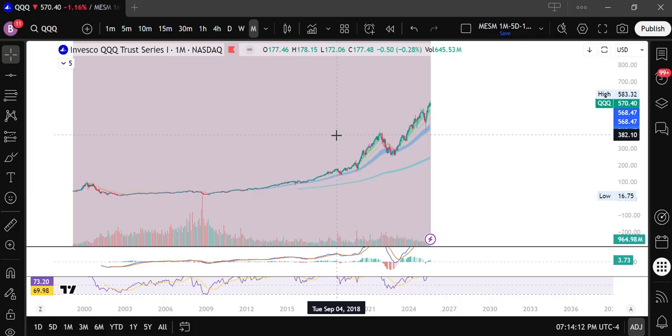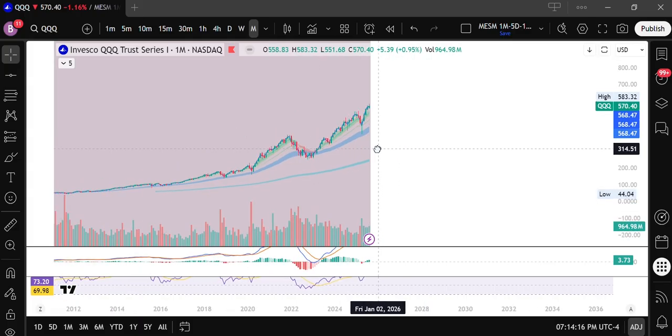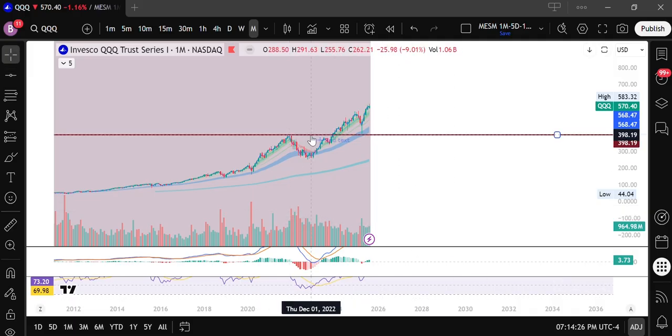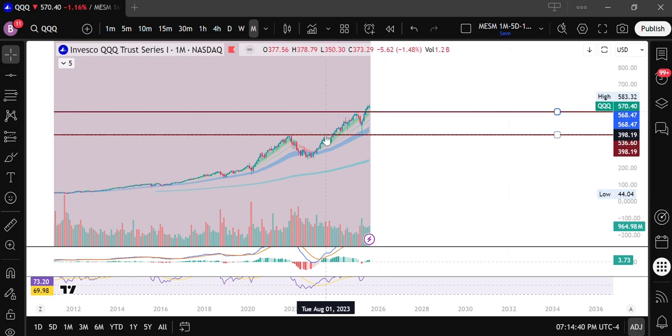So you're not looking at the monthly time frame saying, okay, I see this high right here, so I'm going to place my line there, and I see this high right here, so I'm going to place my line here too, as a resistance. I'm not just plotting my resistance and support levels based on the highs and the lows.